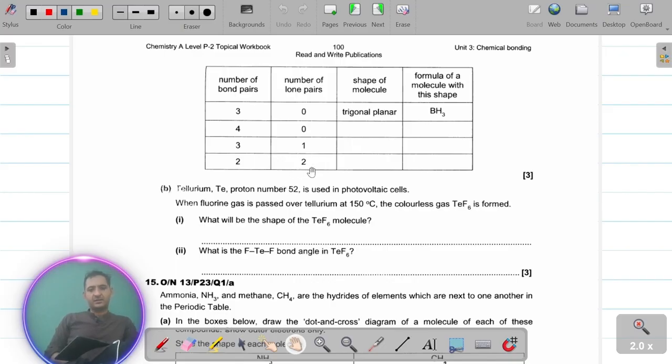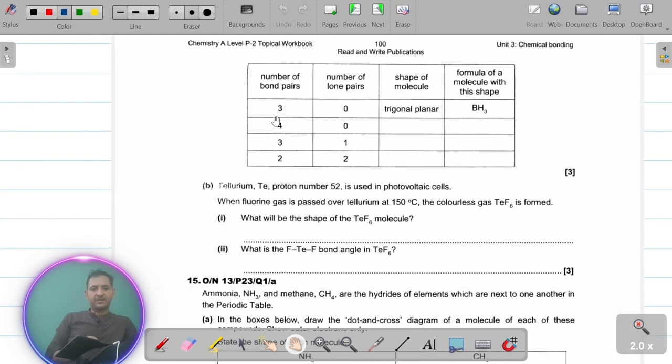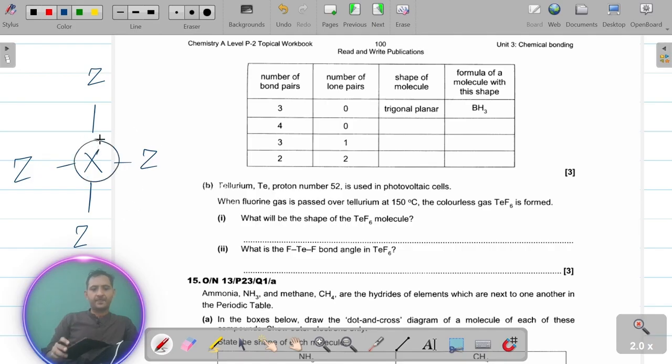There is some central atom X, surrounded by four Z, and there is no lone pair on this central atom. So what is the shape? It is tetrahedral. Please write it by yourself.